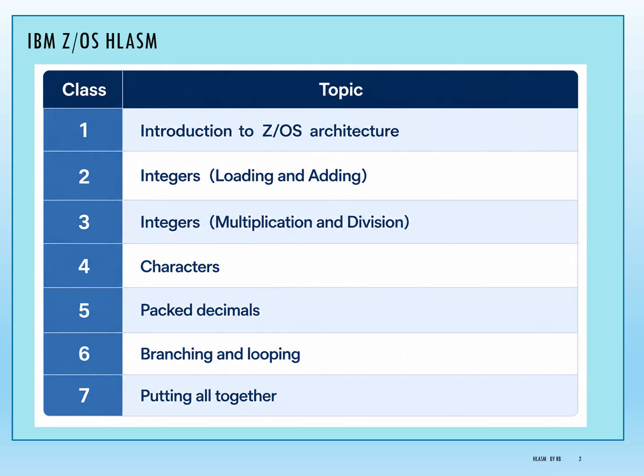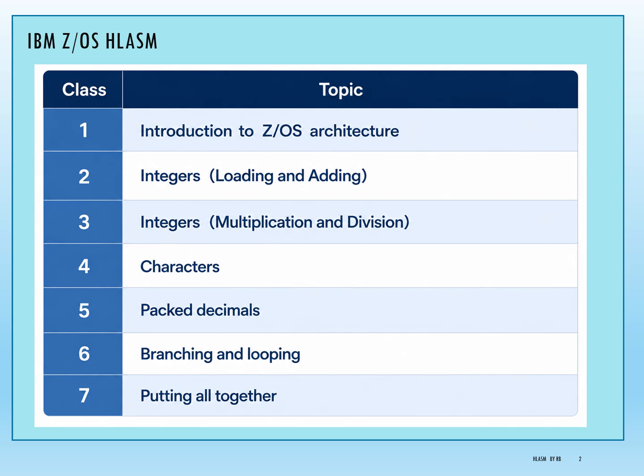So what we will cover: in the first class we will cover an introduction to z/OS architecture, then we will cover various data types, integers. We'll spend a lot of time on loading and adding, that would be class 2. Again, integers, multiplication and division, which is going to be class 3. Then we will talk about characters, and then we will talk about packed decimals.